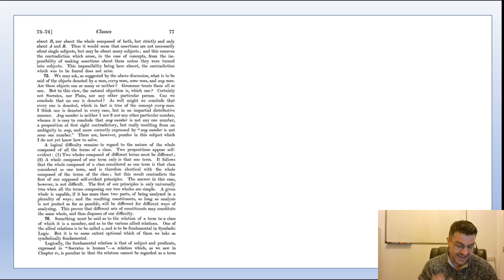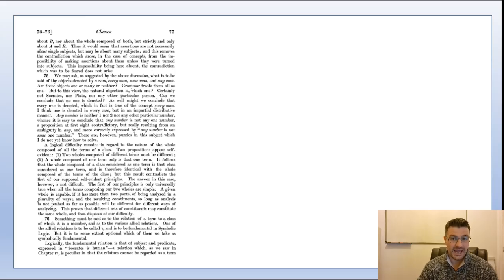a, some, and any. In that case, there is some one term which is denoted, but in an impartial distributive sort of way. And this is quite difficult for me to get my head around. I kind of get it, but it's difficult for me to visualize, so to speak.